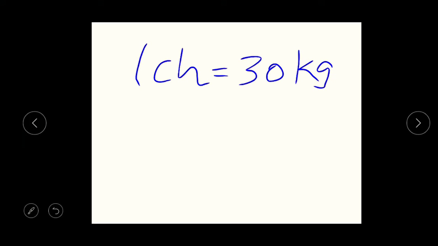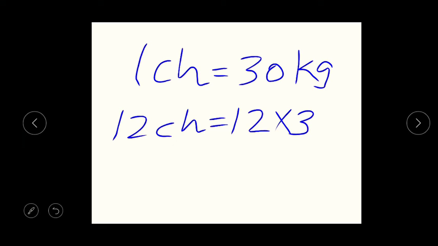If one child has weight of 30 kilograms, so the weight of 12 children can be calculated as 12 multiplied by 30. So if we do calculation of 12 multiplied by 30, we get answer as 360 kilograms.